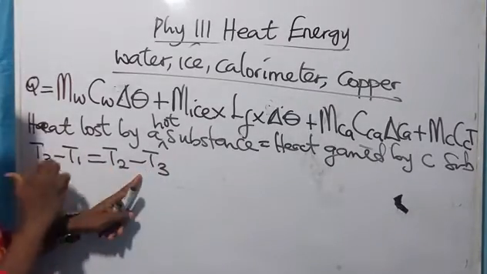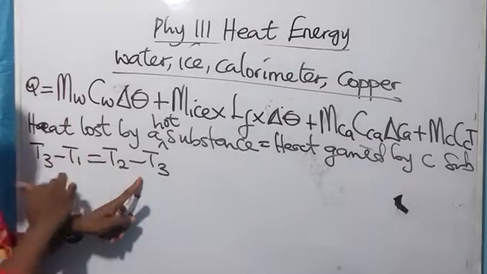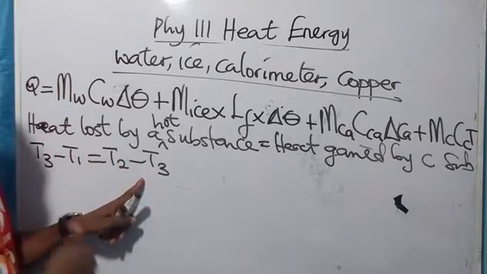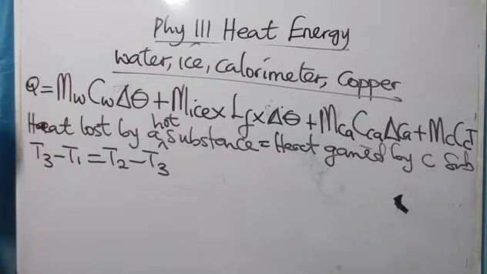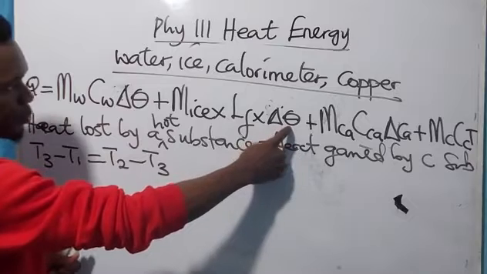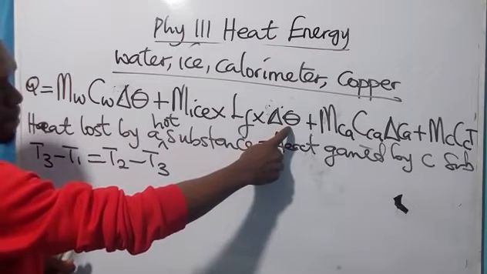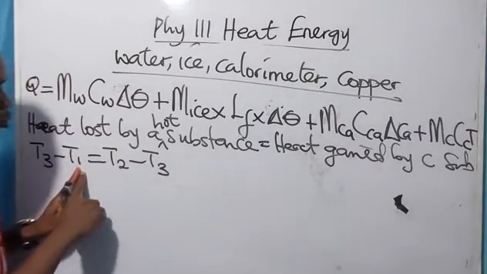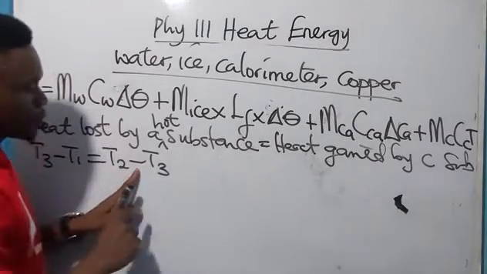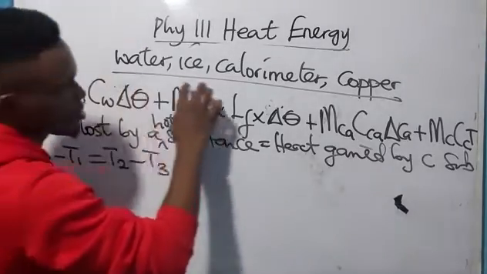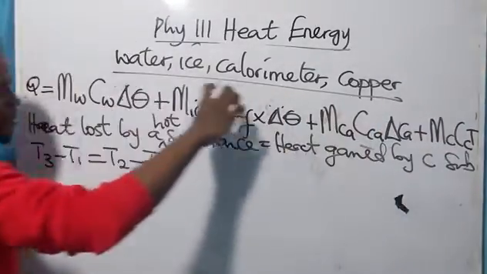Whenever I see T3, always note it is the final temperature, or equilibrium temperature, or stable temperature. So in place of this, I can put Q3 minus Q1 plus Q2 minus Q3. Please take note of this formula. It is very, very important.